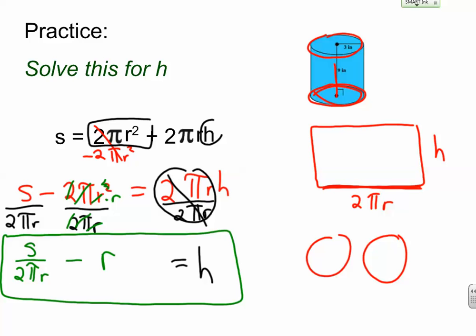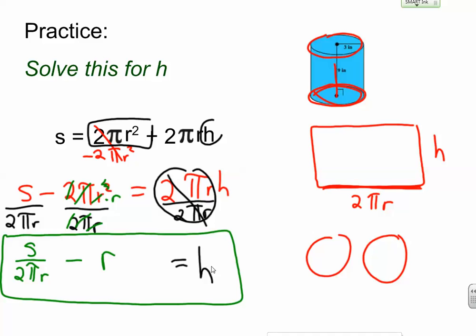Okay, this was surface area of a cylinder. So we wanted to solve this for h. So the first thing we did was subtract this from both sides. We have s minus 2 pi r squared equals 2 pi r h. And now we just have to divide every term by 2 pi r, and h will be by itself.